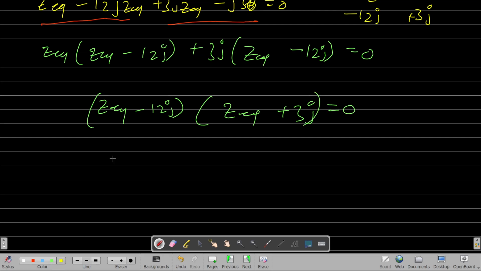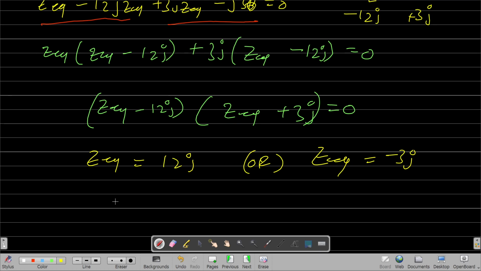Alright, so now Z equivalent equals 12J or Z equivalent equals minus 3J. So how to choose the correct value and correct answer?